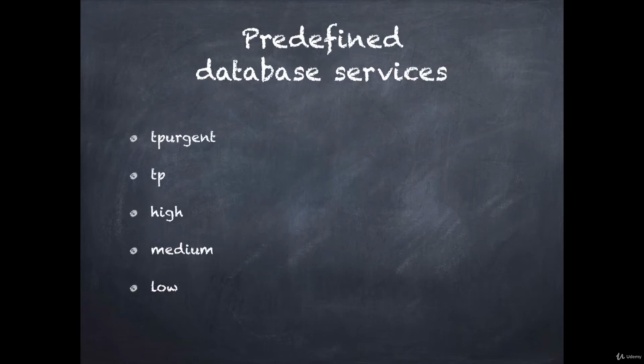Okay. Then we have the High. This is a high priority application connection service that is meant for reporting and batch operations. All the operations run in parallel and they are subject to queuing. The next one would be Medium. Medium is a typical application connection service for reporting and batch operations as well, just like the High one.